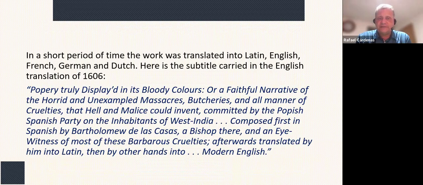Property duly displayed in its bloody colors, or faithful narrative of the horrid and unexampled massacres, butcheries, and all manner of cruelties that hell and malice could invent, committed by the popish Spanish party on the inhabitants of West India, composed first in Spanish by Bartolomé de las Casas, a bishop there and an eyewitness of most of these barbarous cruelties, afterwards translated by him into Latin, and then by other hands into modern English.